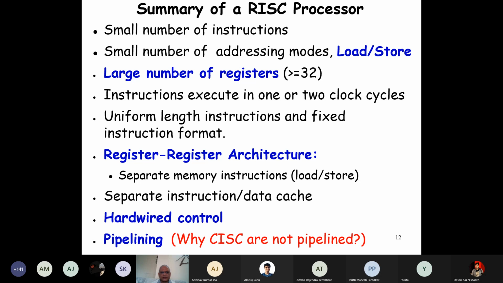But let's assume for the time being that RISC processors are pipelined, whereas CISC was very difficult to pipeline. We said that Intel first started pipelining their CISC processor, and they did a very bad job at that. I mean, not a bad job, because it was CISC pipelining. It was not a good pipeline. And then they slowly made it externally CISC, internally RISC, so that the pipelining could be properly implemented.